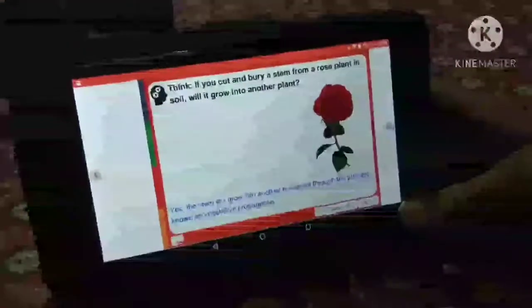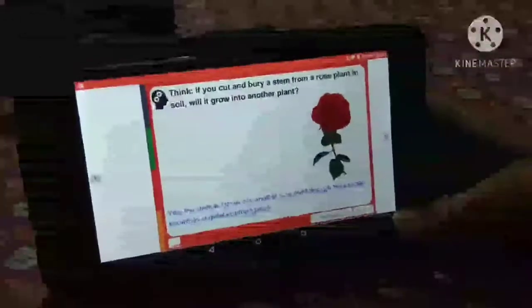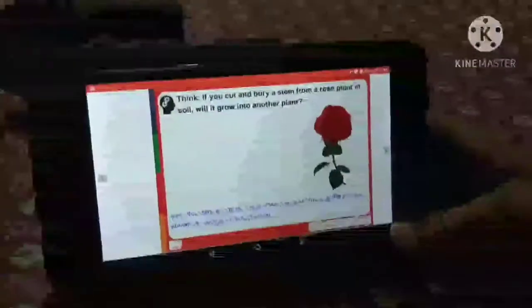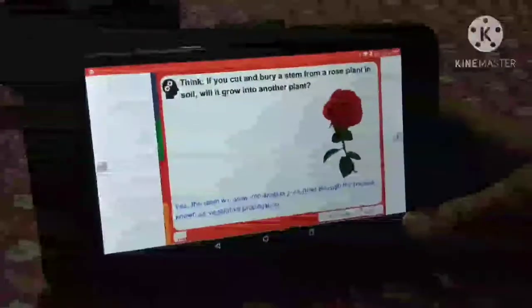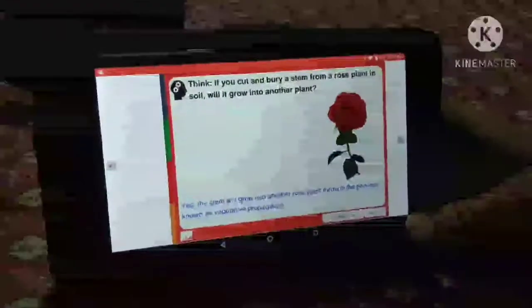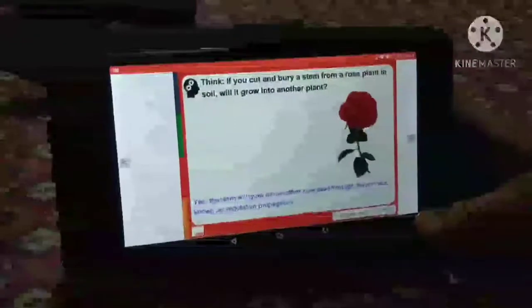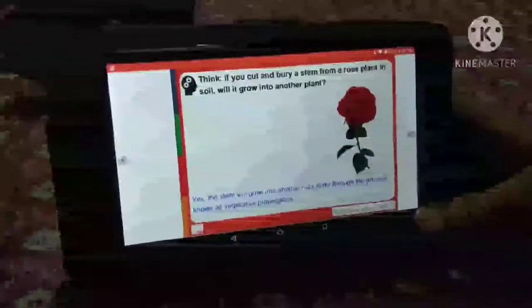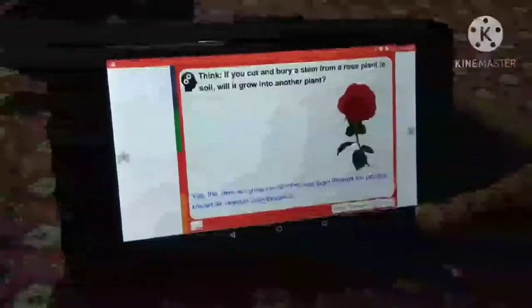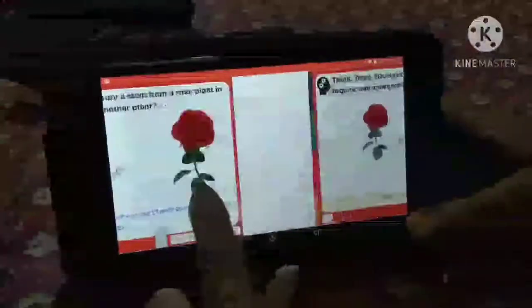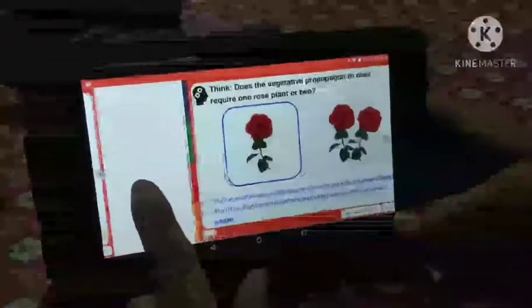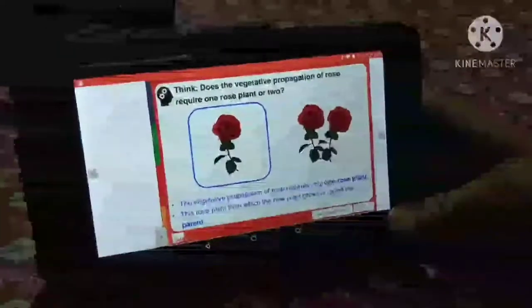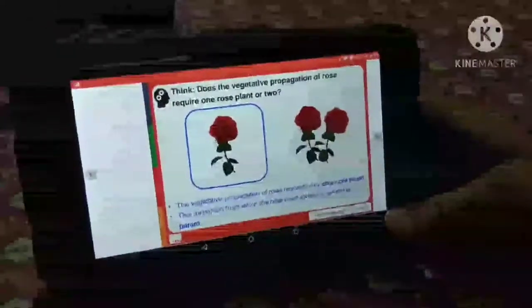If you cut and bury the stem of a rose plant in soil, will it grow into another plant? Yes, the stem will grow into another rose plant through the process of vegetative propagation. The vegetative propagation of rose requires only one rose plant.